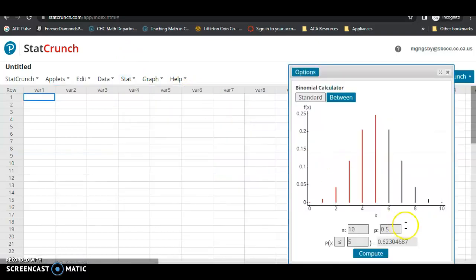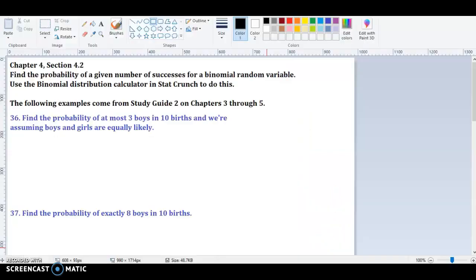We need to figure out what to put into the calculator to answer the question: the value of n, the value of p, and the number of successes that we're looking for. According to the problem, we're going to find the probability of at most 3 boys in 10 births, and we're assuming that boys and girls are equally likely.